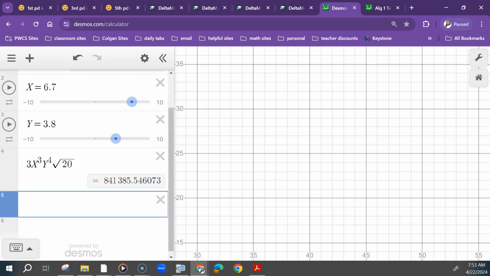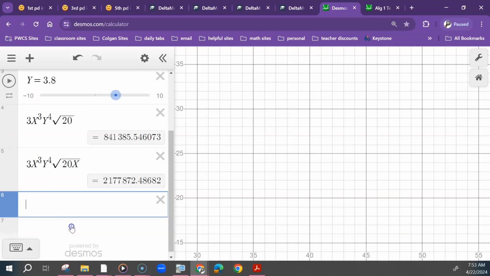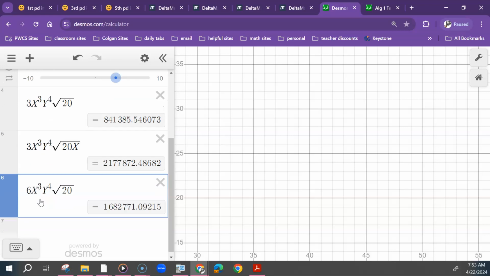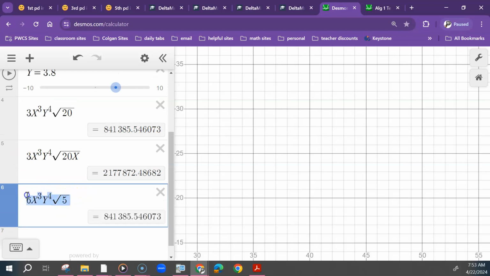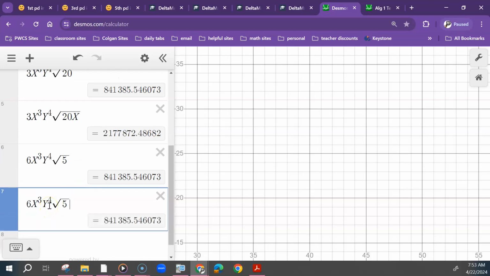Attempt to copy and paste this, so this one's in 10. And this was X. This was the same, but this was 6. And 5. And this was 40. Oh, I didn't change that.